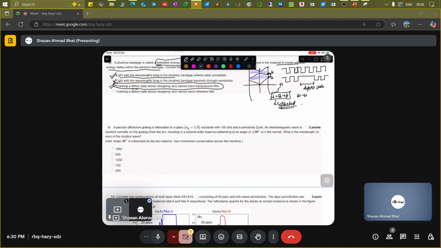That means if you have a transmission coefficient, it can have a narrow band transmission at some particular wavelengths because of those defects. So these particular wavelengths of the light will be completely transmitted because of that particular defect. And that is how you fabricate it and how you design these different stacks.